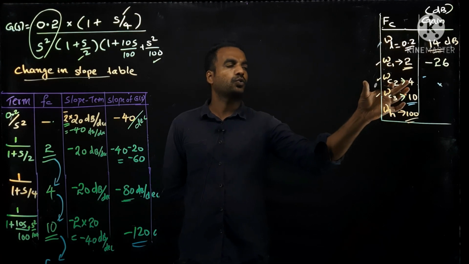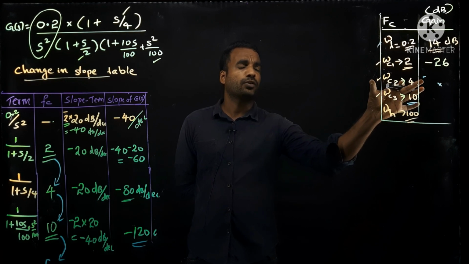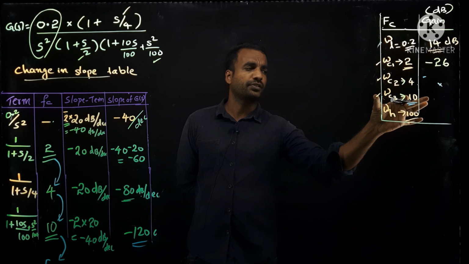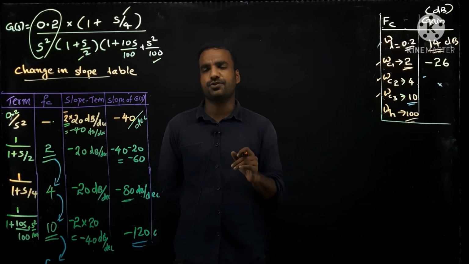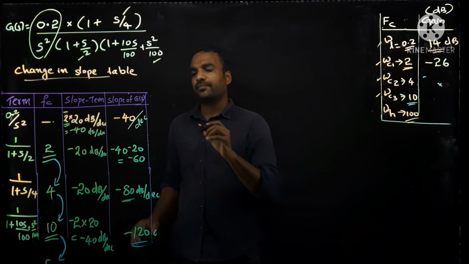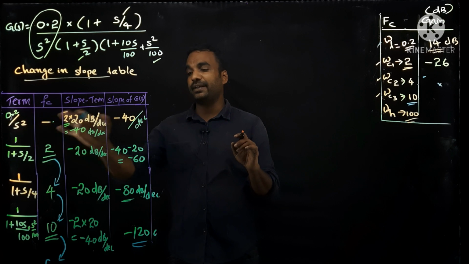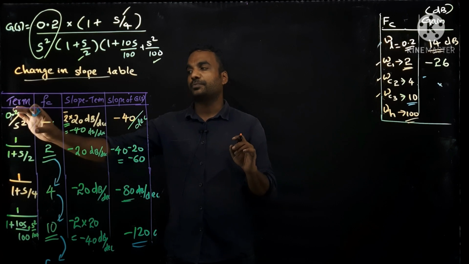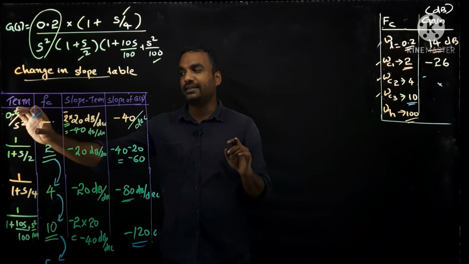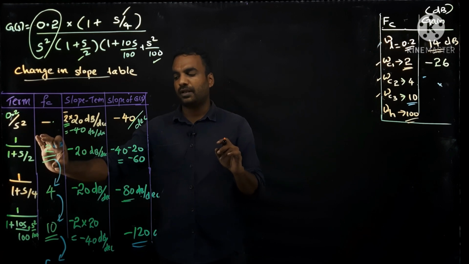So now I want to find the magnitude corresponding to corner frequency 2, corner frequency 3 and higher frequency omega H. Okay. Now for that, this was the base point with respect to 0.2 S square, and this equation is valid up to the corner frequency of 2.